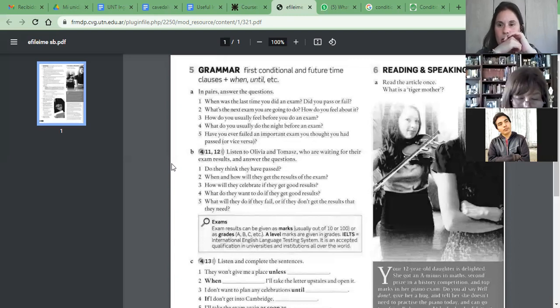In that exam, I felt very nervous because I had to study a lot, and I didn't want to fail. But when I saw the exam, I read it and I calmed down because I knew the answers.